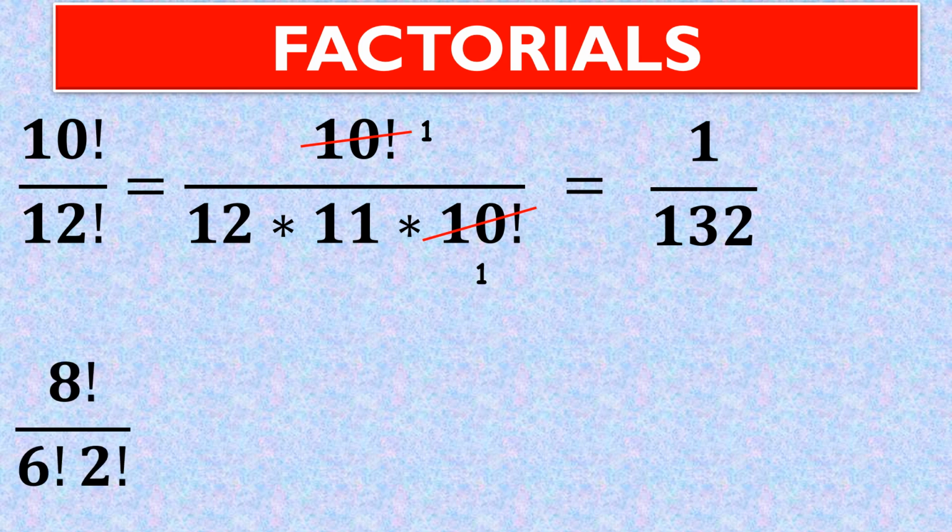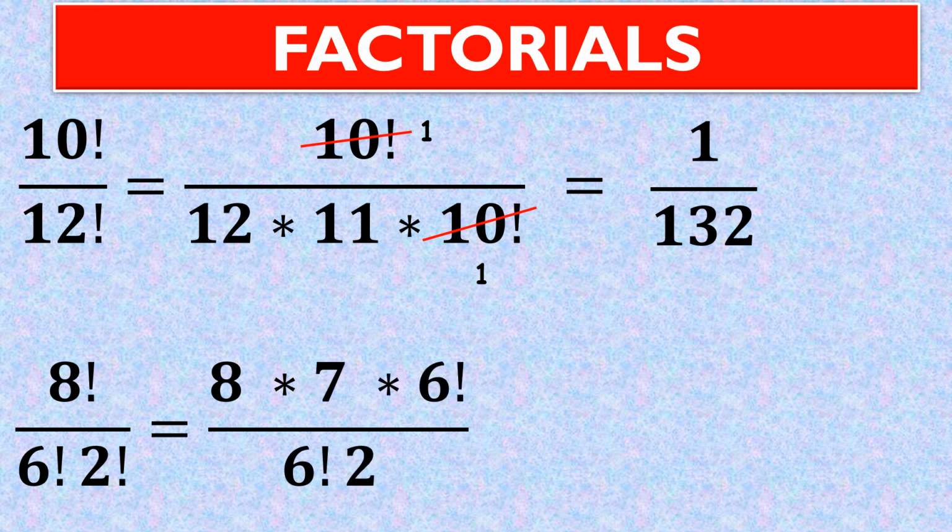Let's look at another question. We have 8 factorial divided by 6 factorial divided by 2 factorial. If you look at the denominator, you see your 6 factorial here. Remember that we can express 8 factorial as 8 times 7 and times 6 factorial.